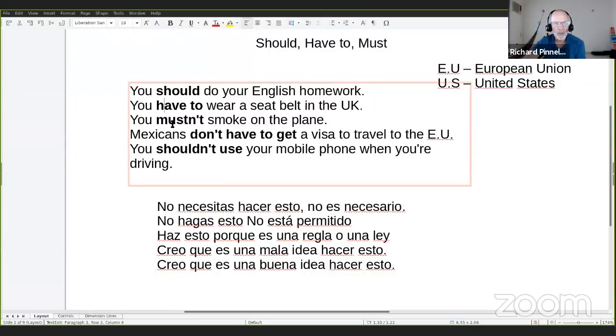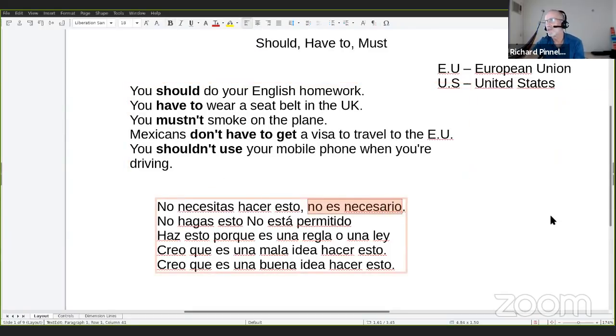Should, have to, mustn't, don't have to, shouldn't. Does anybody know? Shouldn't. No, not shouldn't, no. Shouldn't es debería, no debería. Yeah, shouldn't is no debería, pero no es lo mismo como no es necesario, ¿no?